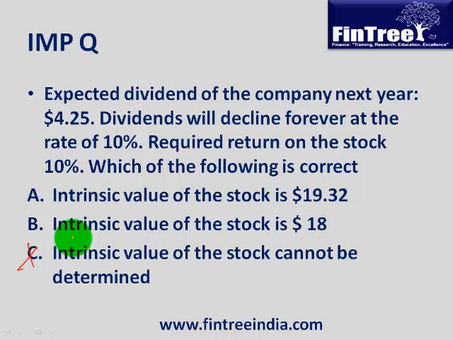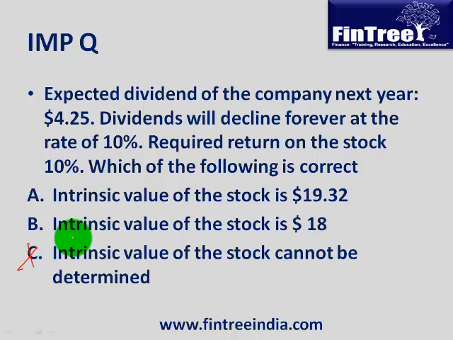Why would it be 0? Yeah, it could be. I think it would be B. 4.25 divided by 0.2. 21.2.